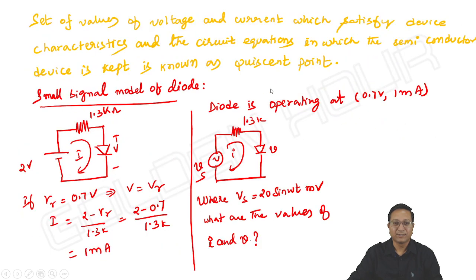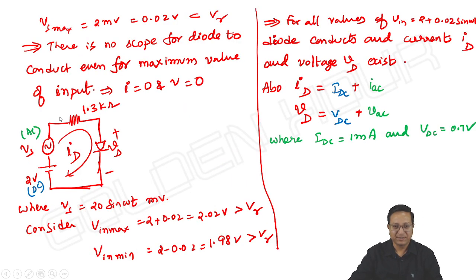See, I mentioned small signal analysis. Small signal model. Small signal in the sense it is millivolts. It's not like 1 volt, 2 volt or like that. It is millivolts. And what about that millivolts range?